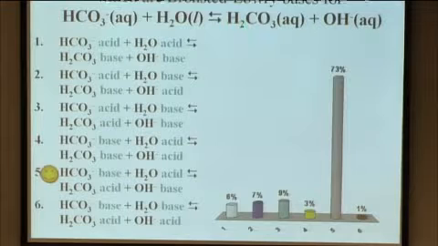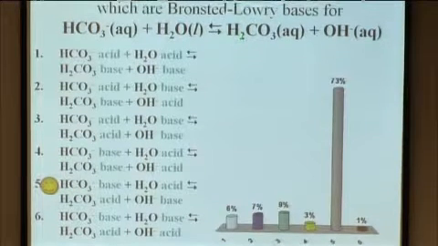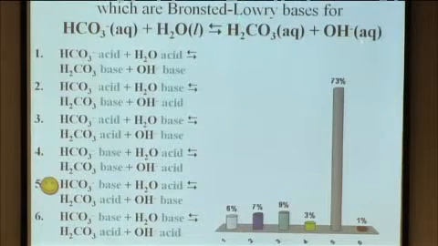And so now we have a second hydrogen ion over here. We have the H2CO3 species, and the conjugate of water is OH minus. So this is acting as a base. It's accepting a hydrogen ion. This is donating it. It's an acid. This is the conjugate acid of that base, and this is the conjugate base of that acid.